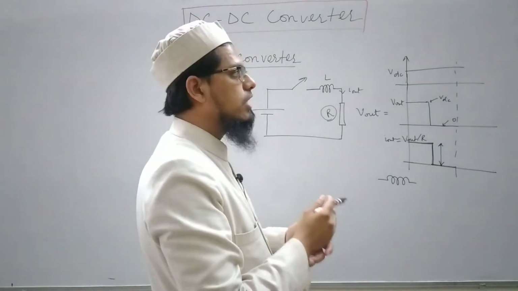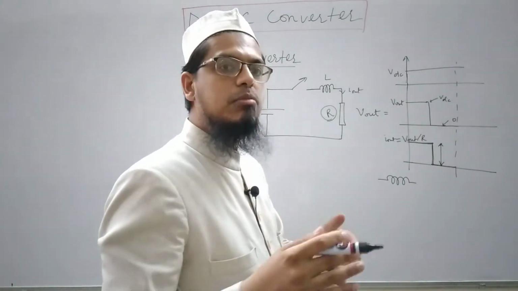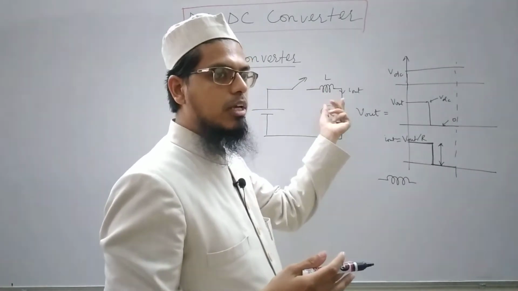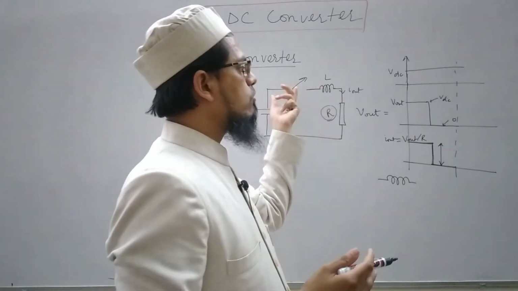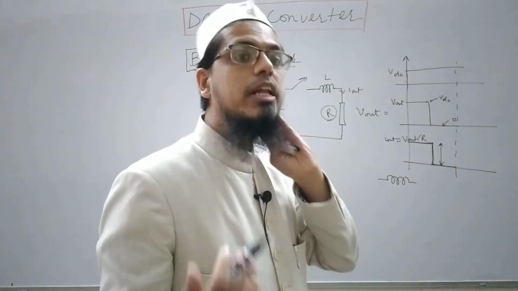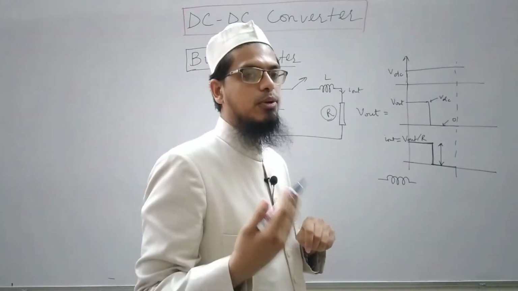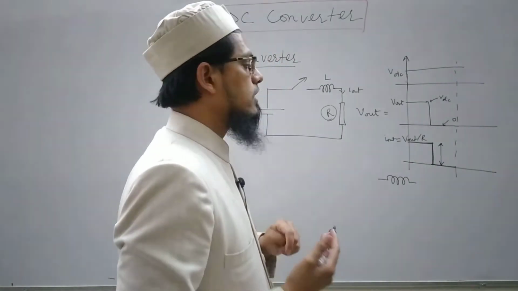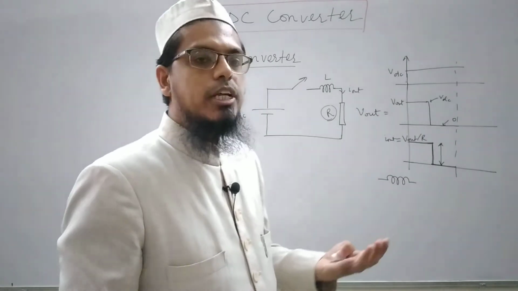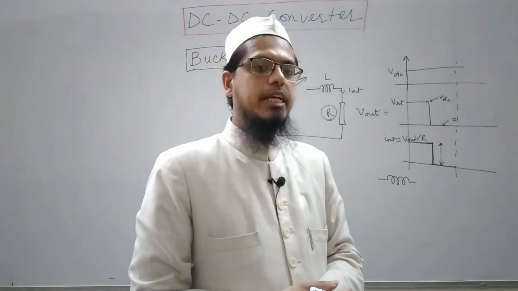That would lead to a very high dV by dt across the inductor, and consequently that will also appear across the switch. So it may lead to failure of the switch. This is an undesirable situation. We have to think of some way to mitigate it.